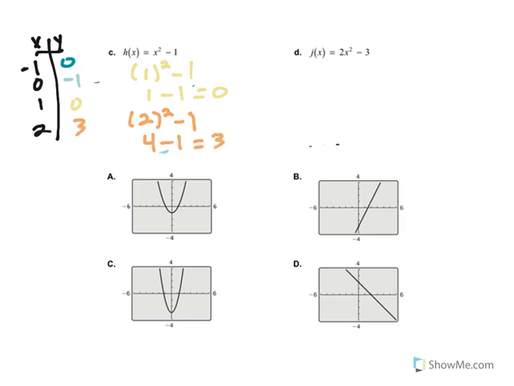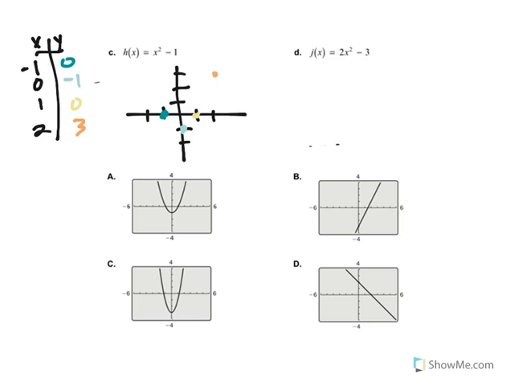Okay, so now if we were to graph this, let me erase right here. We've got negative 1, 0, 0, negative 1, 1, 0, 2, 3, and let's just try a negative 2 real quick so we can get that value in here.